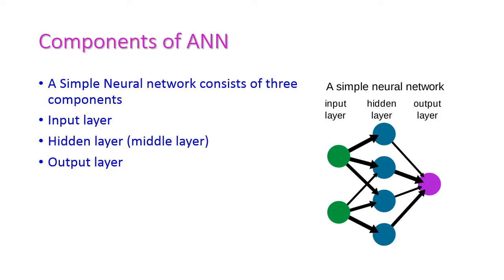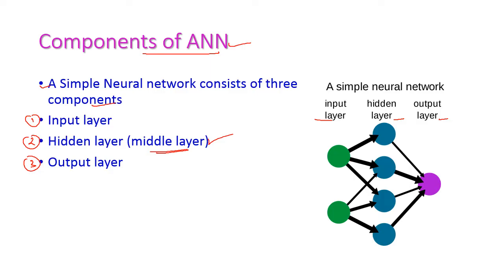Now let us see the components of artificial neural network. A very simple artificial neural network consists of three components. What are the three components? First one is input layer, second one is hidden layer, and third one is output layer. The hidden layer is otherwise called the middle layer.